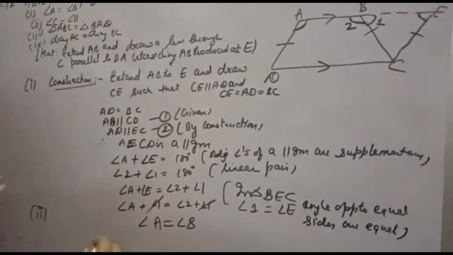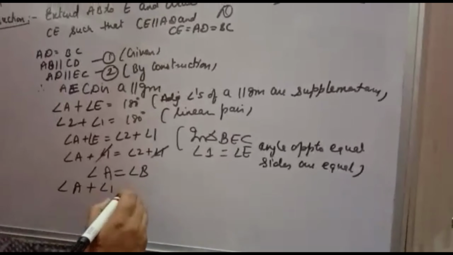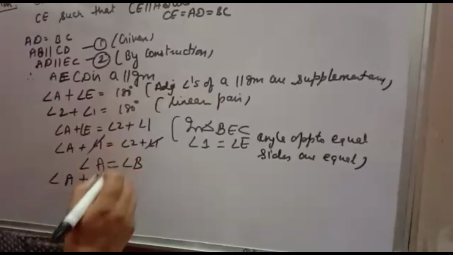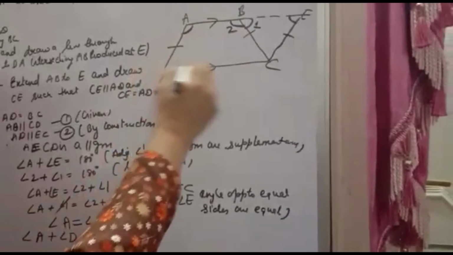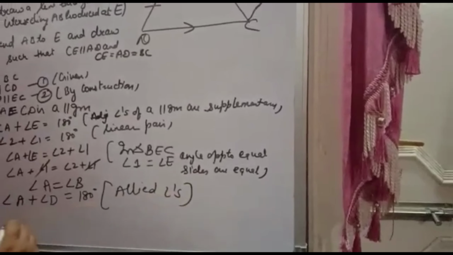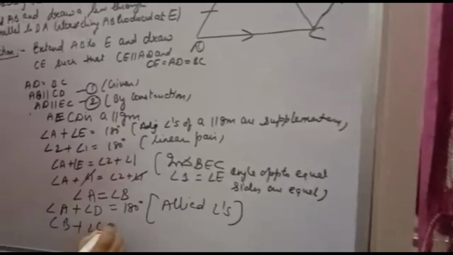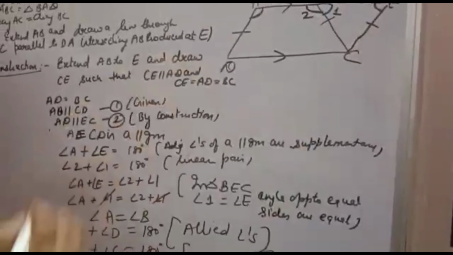You know that angle A plus angle D is equal to 180 degrees because these lines are parallel; they are allied angles. And angle B plus angle C is equal to 180 degrees; they are also allied angles.